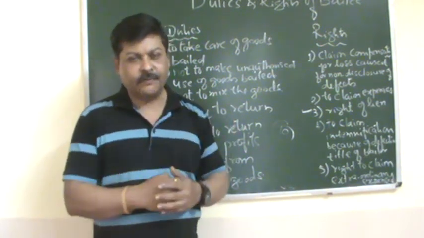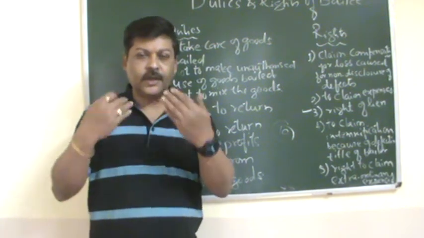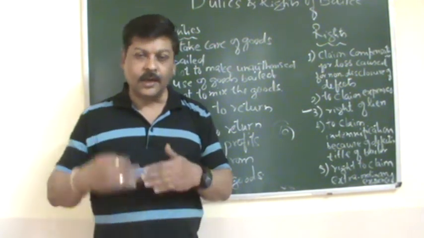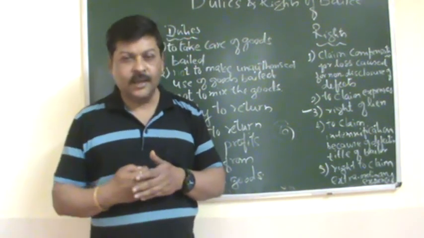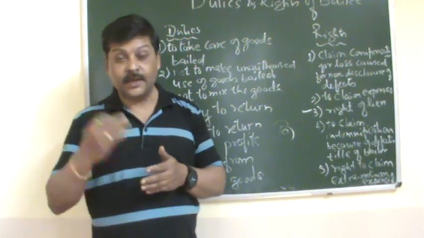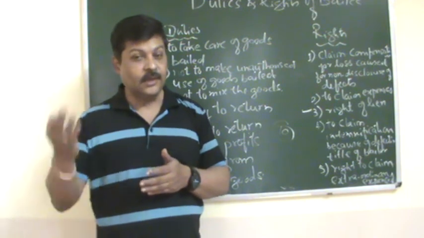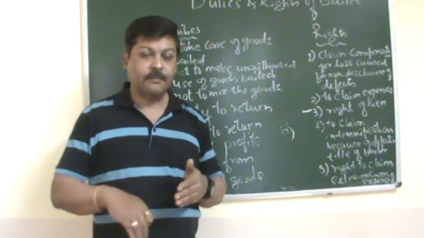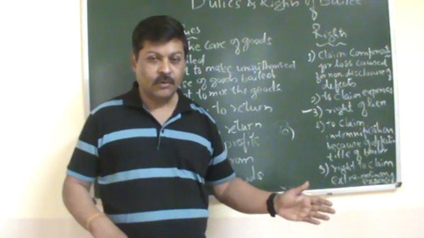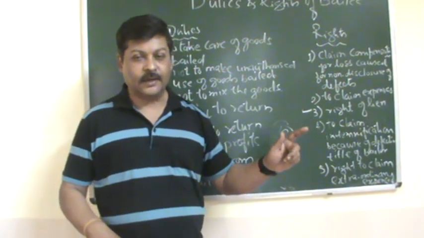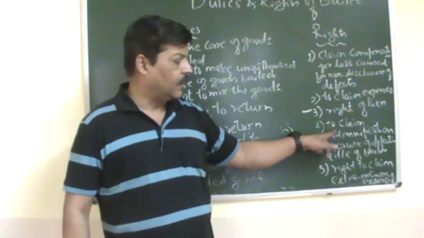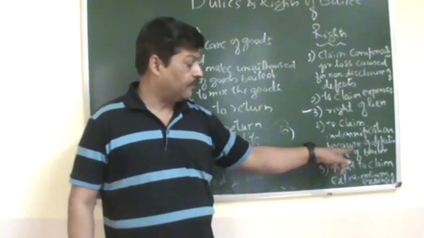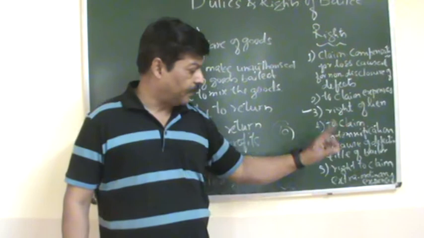If the true owner files a case against the bailee and claims damages, the bailee has sustained a loss, and this loss has to be made up by the bailor who had that defective title. So indemnification can be claimed by the bailee.